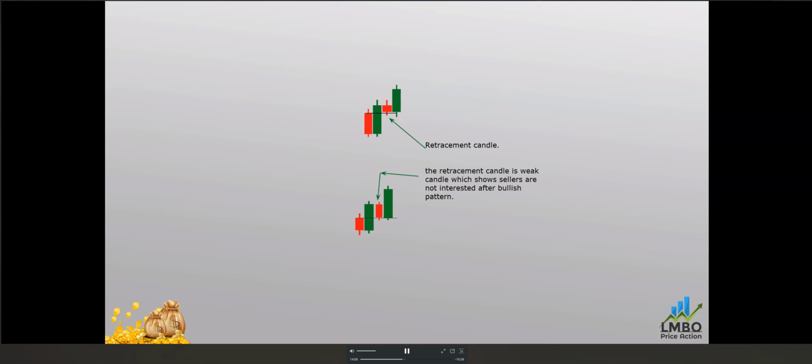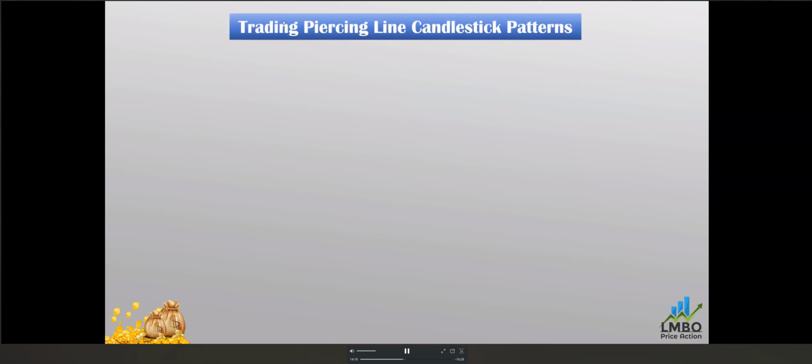Okay, yes, clear. Now we are moving to another setup. So now this is another pattern. For review purposes, I'm going to share again. Trading the piercing line candlestick pattern. Look here. It's a piercing line, right? Now the piercing line retracement candle is this one.